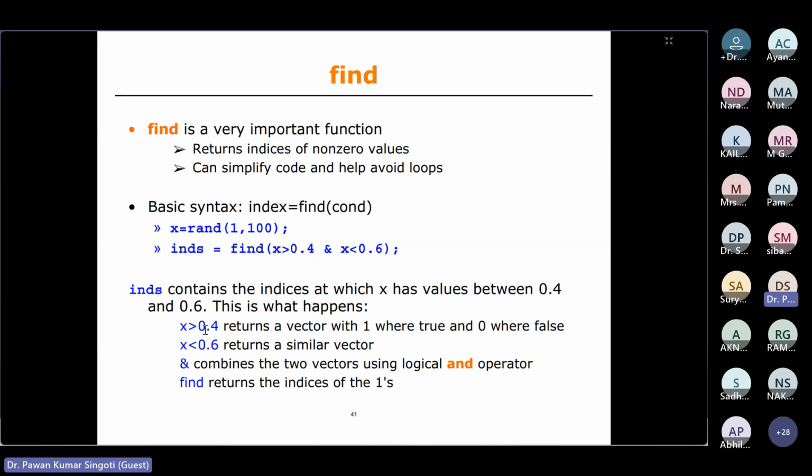So x greater than 0.4 and less than 0.6, we will specify this in our code. It returns a vector with 1 where true and 0 where false. So it combines the two vectors using logical and. Being more clever, write this code.